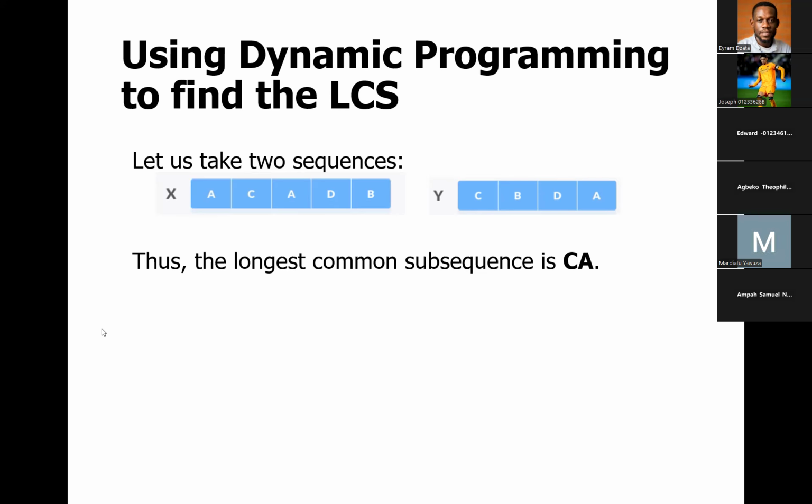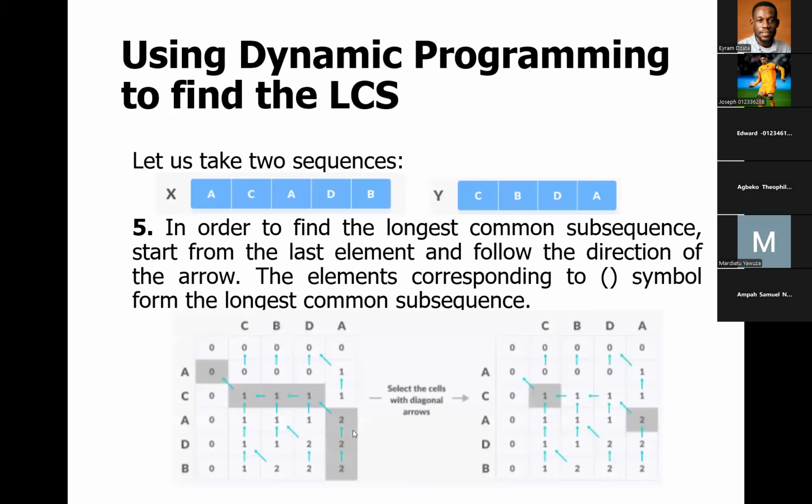So for instance, let me just see if we have enough time. Let me go through it. The first one we got was CA, right? The second one was CB. And then CD.